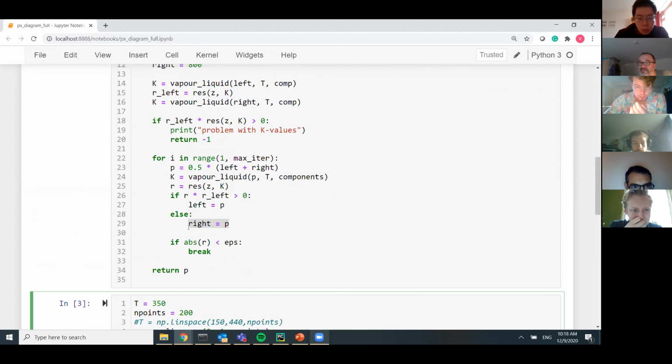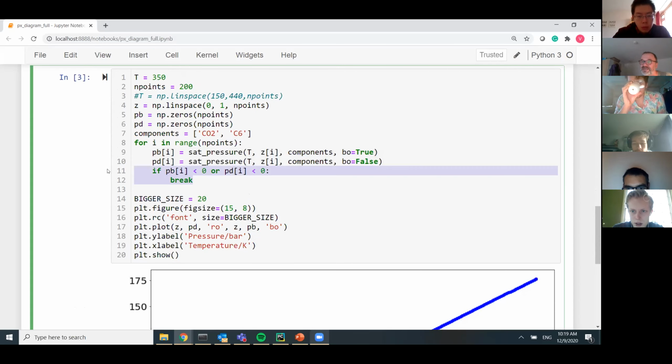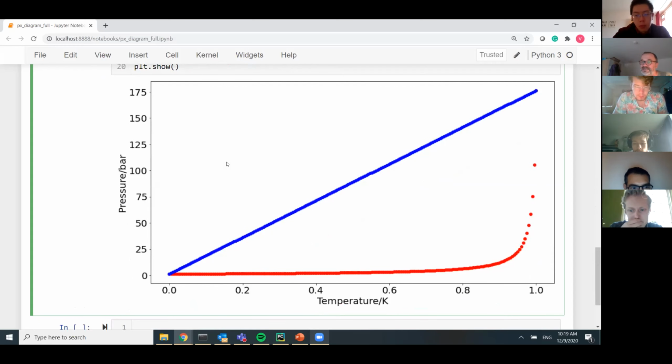And the last thing I did, because here I'm checking: if you start increasing your composition, at some point you may lose the k-value accurately estimated. In some cases, your k-value might not be estimated accurately, and in this case, I just break it earlier. But the idea is that what you will observe will be your saturated point for your gas, saturated point for your liquid, and this is your envelope.